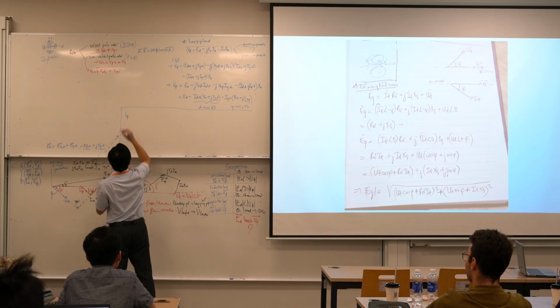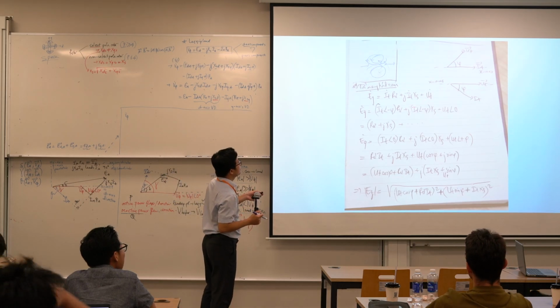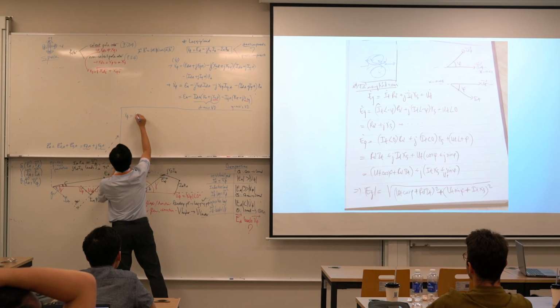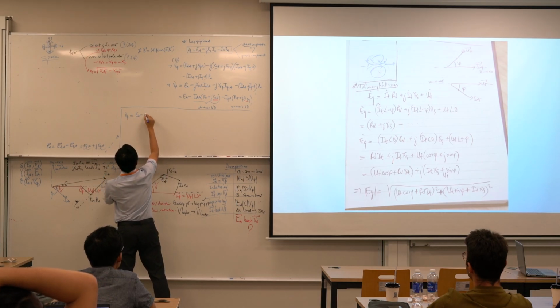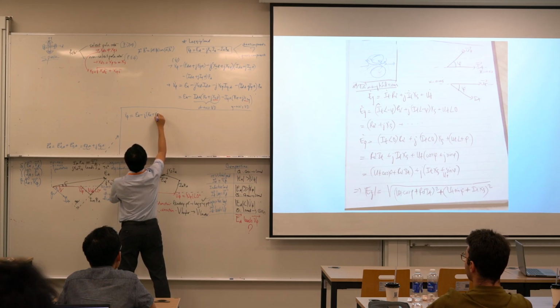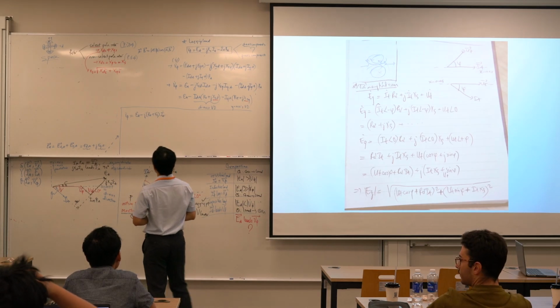V phase here. I use VT to mean V phase. So we have V phase is EA minus jRA plus XS IA. Okay, the same, right?